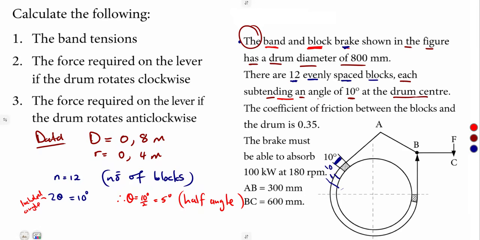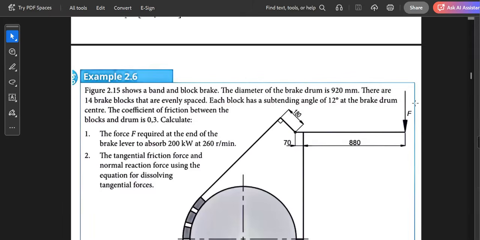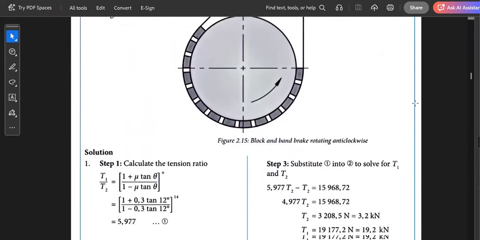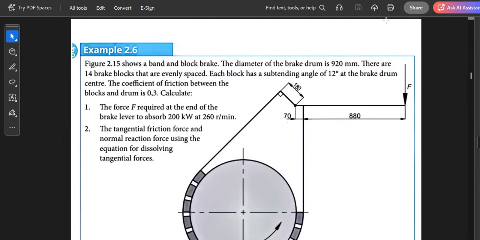But I want you to see how the author of this textbook attempted it. Because they said it is 12, which we are saying is 2 theta.